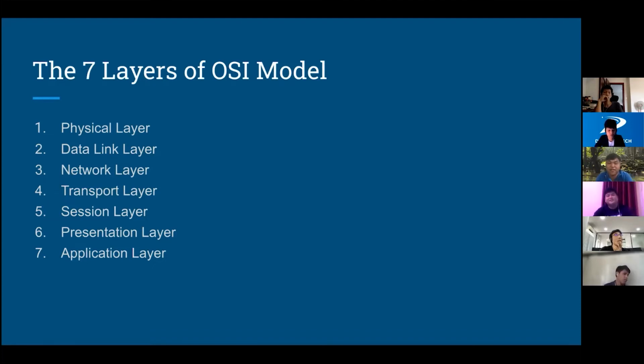Not behind the scene. It works by flow. If the computer sends a frame to the gateway, it will work from application to physical. When it comes from the global gateway to the computer, it works from physical to application.